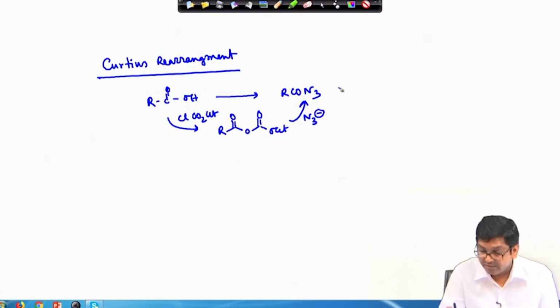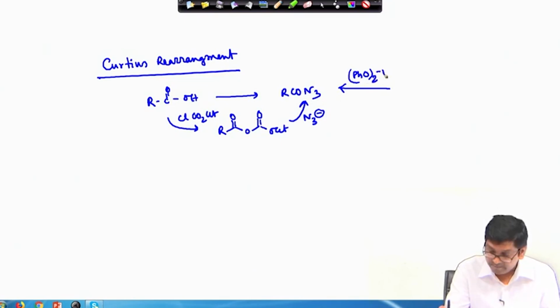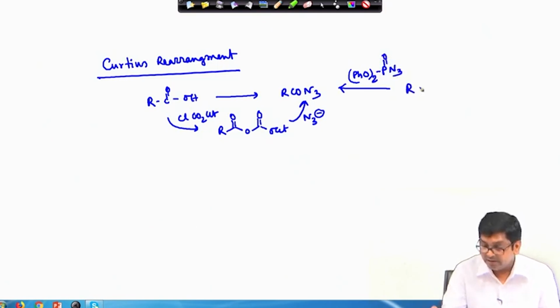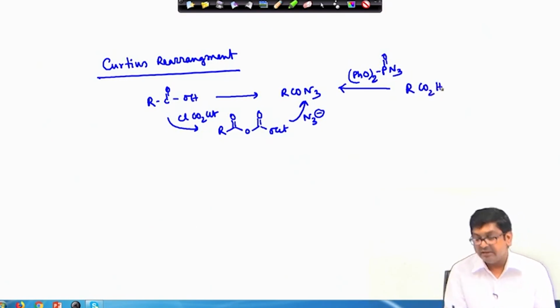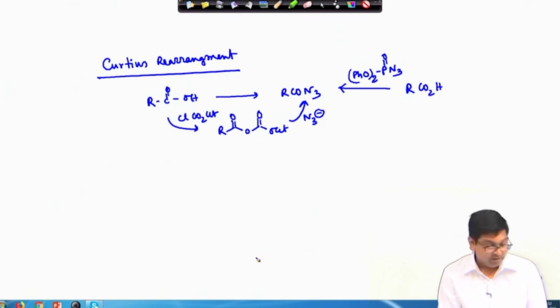Similarly, you can get it from diphenyl phosphoryl azide. You can start from the carboxylic acid, and the reaction with diphenyl phosphoryl azide will directly give you this acyl azide compound.